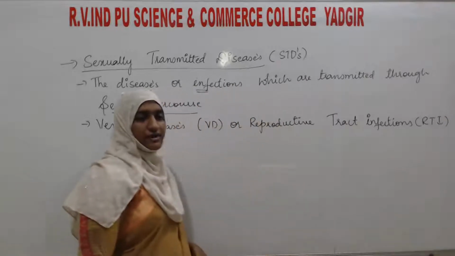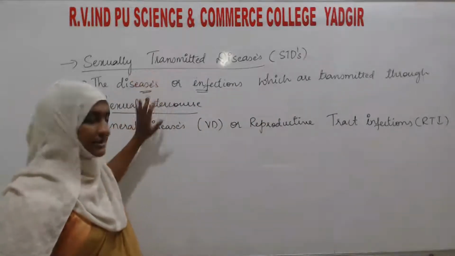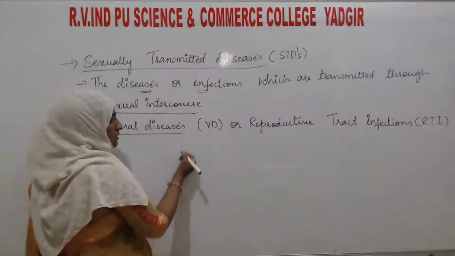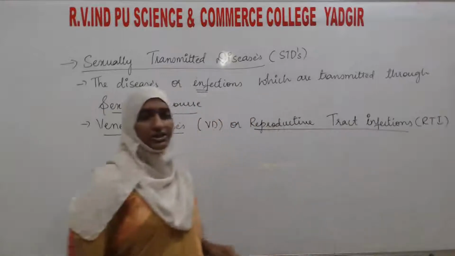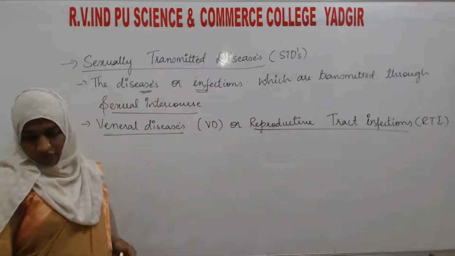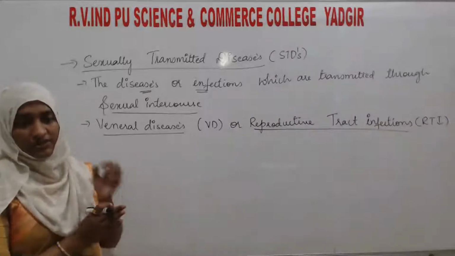Okay, these are sexually transmitted diseases which can also be known as the venereal diseases or reproductive tract infections. So what are the examples of the sexually transmitted diseases?